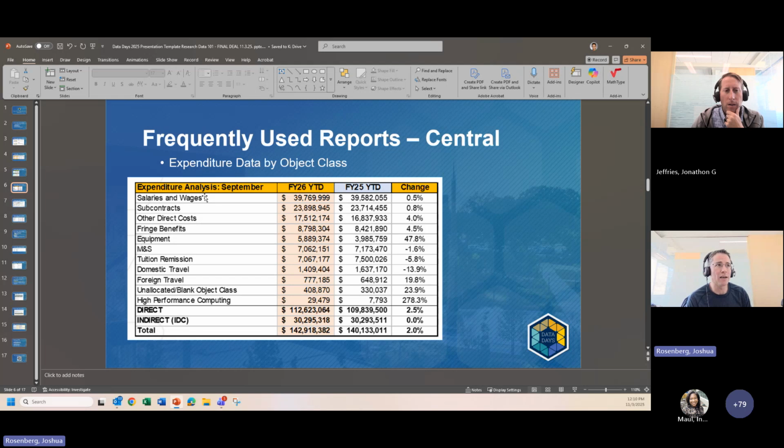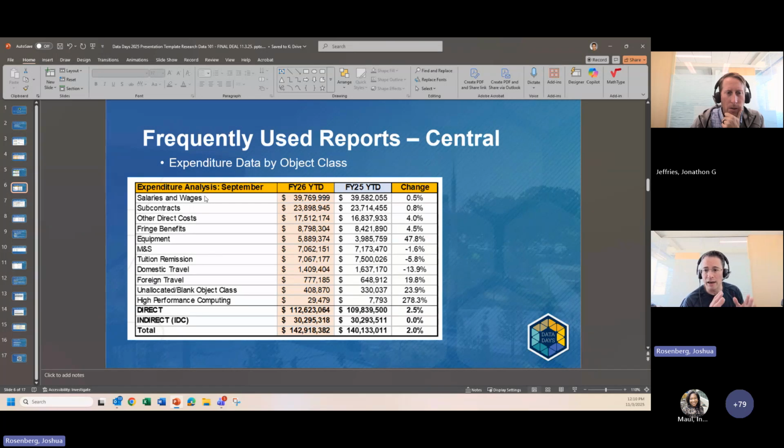Now, when we invoice our sponsors, we are using these categories to invoice them. And so obviously these object classes are a bunch of ledger accounts or spend categories lumped in together. But where this is also relevant is there are certain cost object classes like equipment, like a big portion of subcontracts that don't receive any F&A.